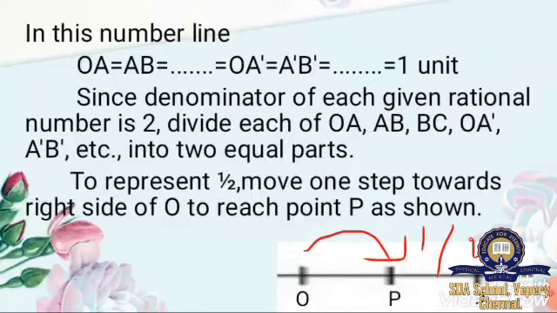In this number line, OA is equal to AB is equal to etc., is equal to OA dash is equal to A dash B dash is equal to etc., is equal to 1 unit.